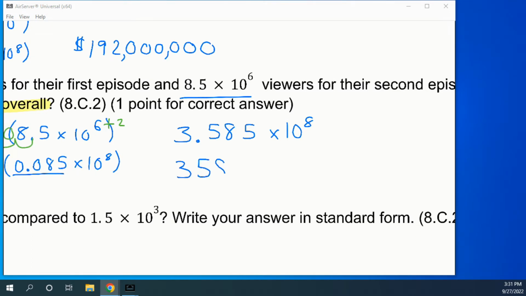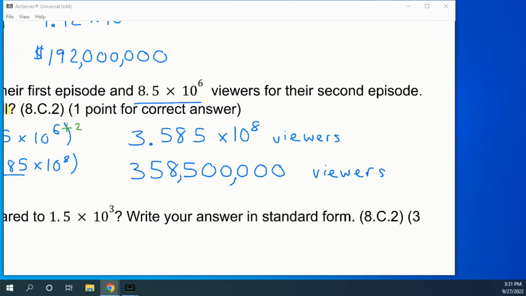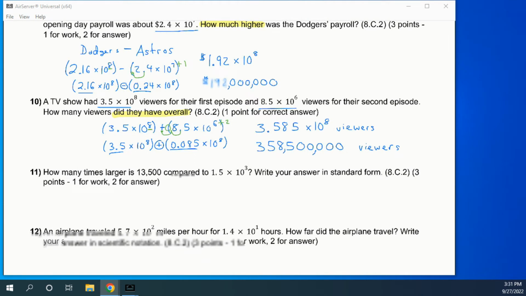So 3.585, 2, 3, 4, 5. I believe that is correct. So 358,500,000 viewers. Okay, make sure we label those. That's what we got. All right, number 11.